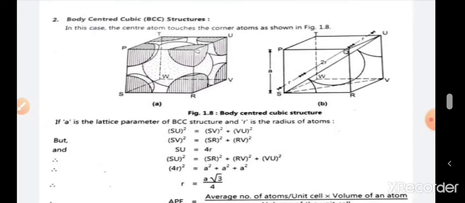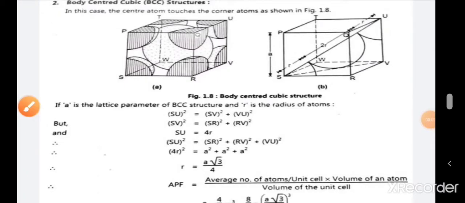So here in this diagram, the diagonal is SU, so SU square is equal to SV square plus UV square.